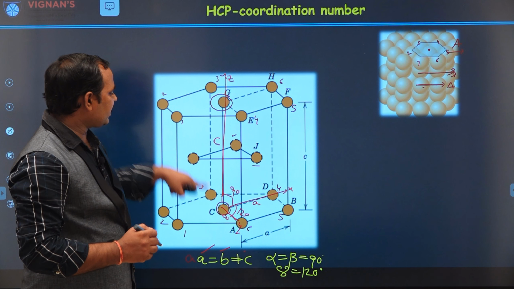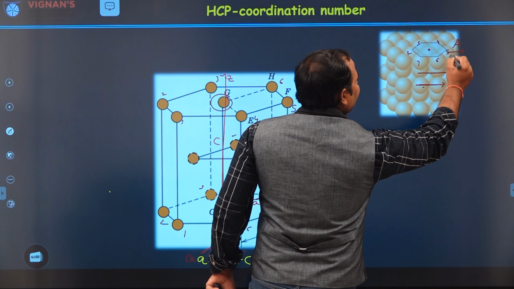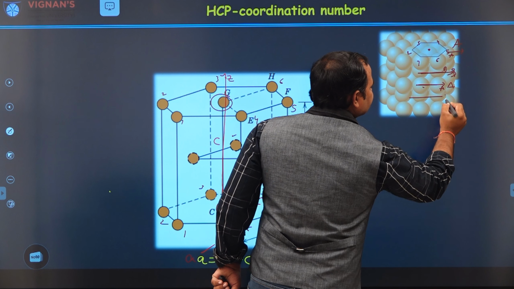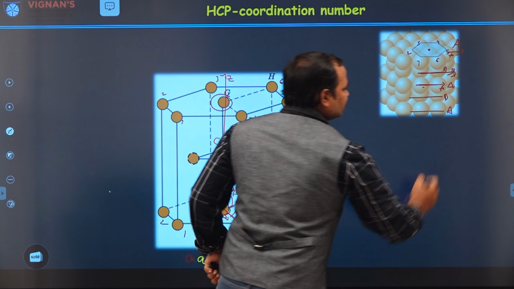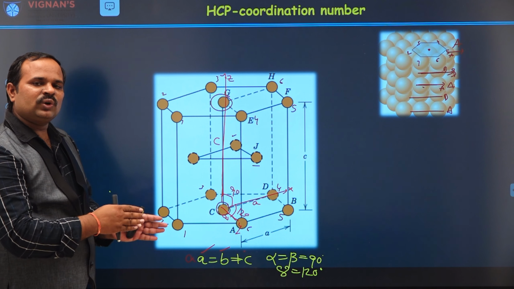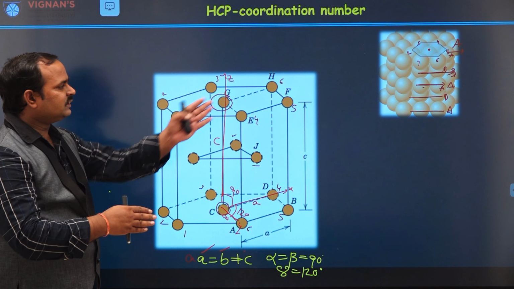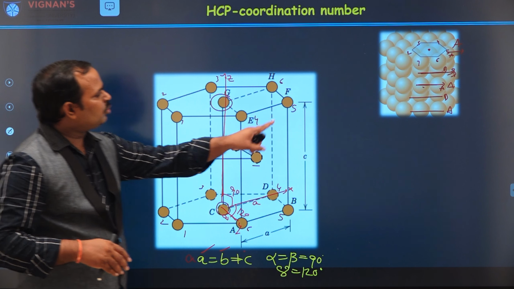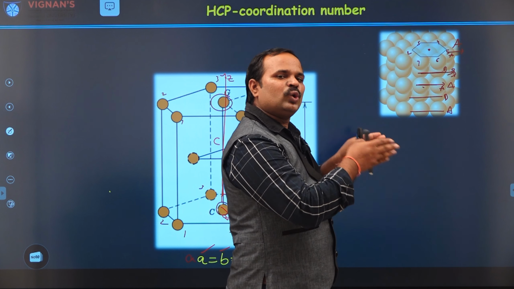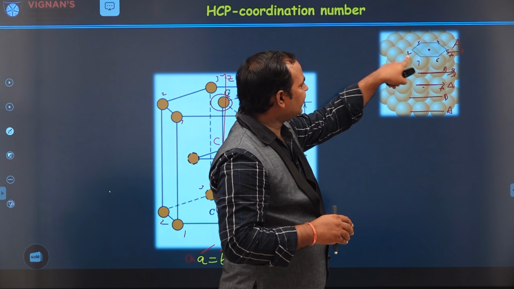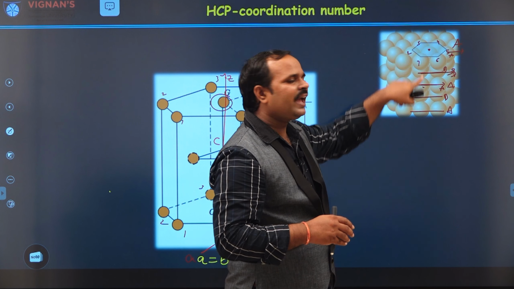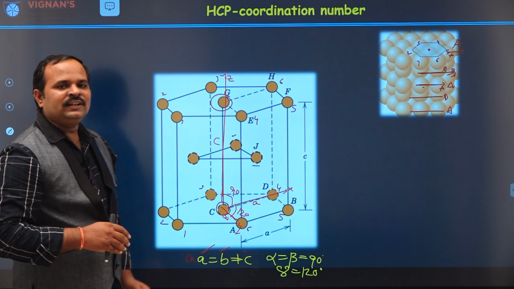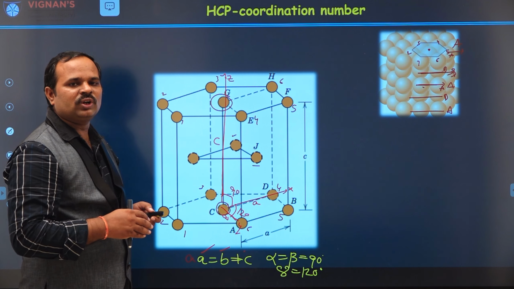So A, B, A. This is A, in between this is B, and this is again A. This is how a hexagonal close packed structure looks with real atoms. The most important thing is that the atoms are in contact with each other in the A layer as well as between the A and B layers. Now, let's calculate the coordination number for the hexagonal close packed structure.